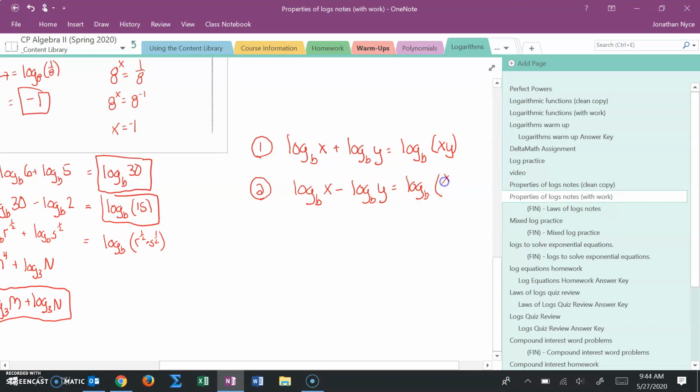The arguments are divided. Coefficients of logarithms can be written as exponents. And the fourth one we kind of looked at today is if 2 logs have the same bases and they're equal, then the arguments have to be equal.